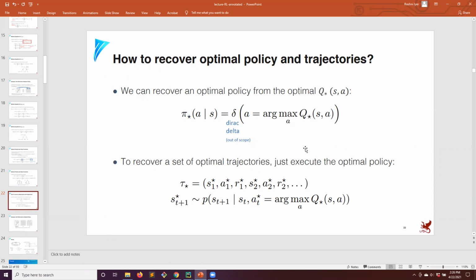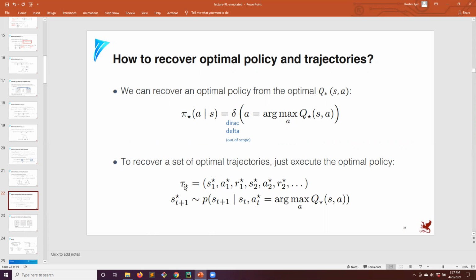The lectures do not go into much detail about what this Dirac delta function is specifically. But basically, if we know this optimal Q, we can take the argmax over a of that Q function to get that action, then compute the Dirac delta of that action, and we get the optimal policy. And to recover a set of optimal trajectories, we can just execute the optimal policy if we have that.